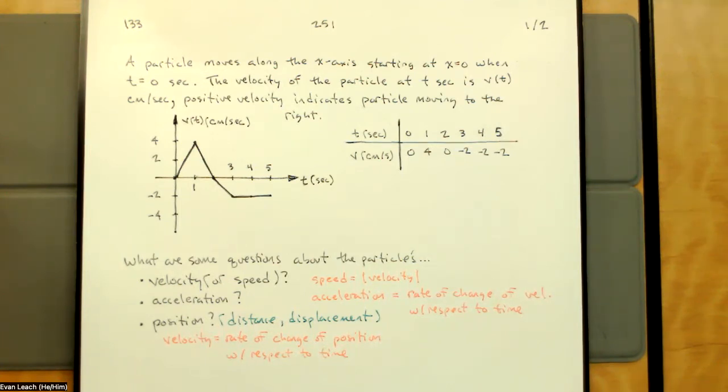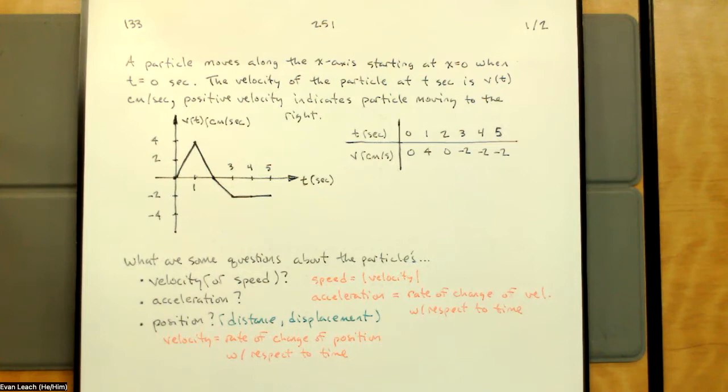Notice that the velocity is just a line with a slope of how much? 4. The slope of the line will be the rate of change of the velocity. And what do we call that? Acceleration. So already we have some information about the acceleration. We can see that the particle is moving to the right, it's speeding up, and we have more detail about how it's speeding up.